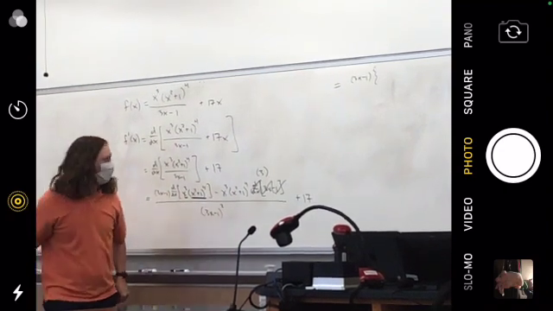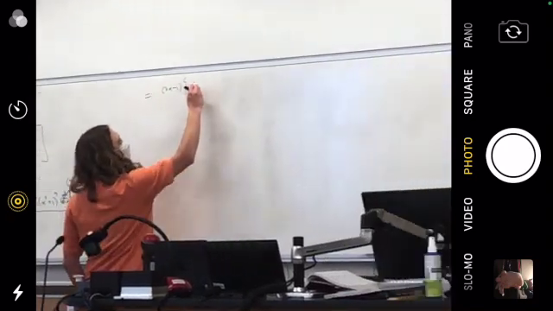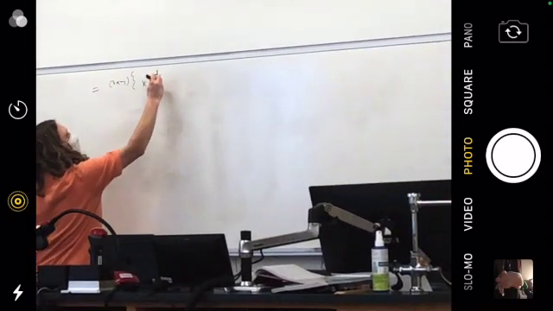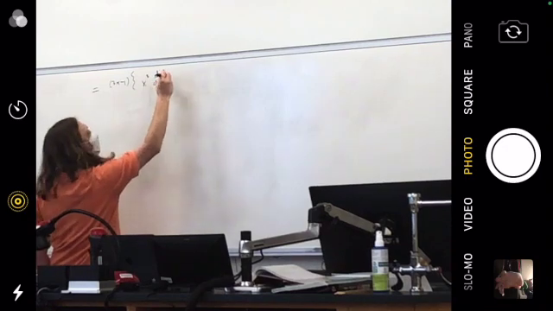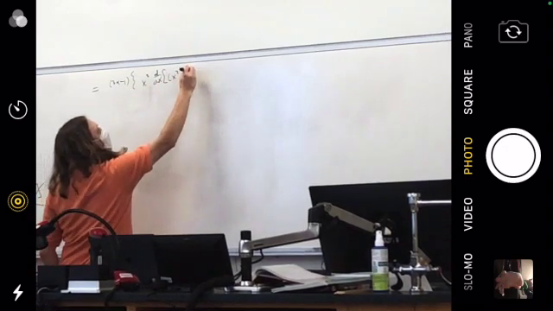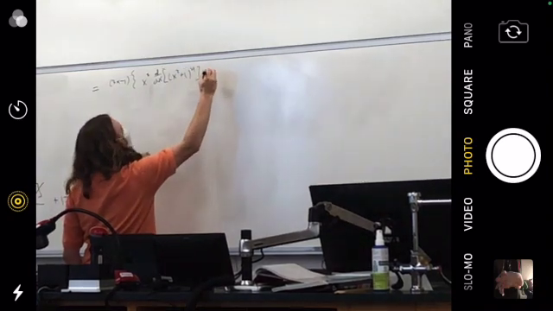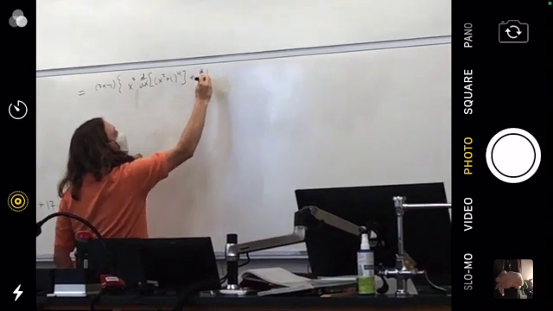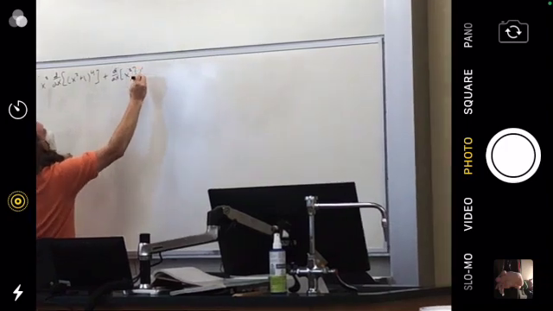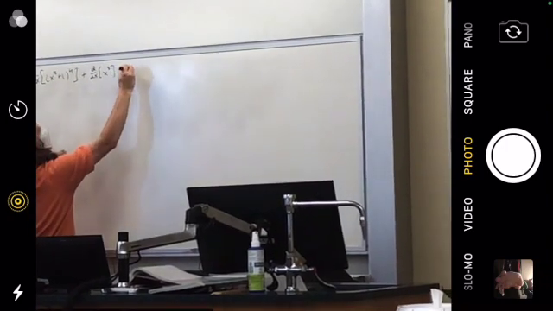Alright. So what would the product rule say? Take the first function, multiply by the derivative of the other function. Then add the derivative of the first function times the second function.